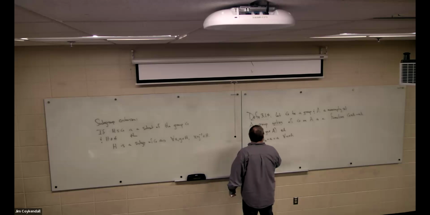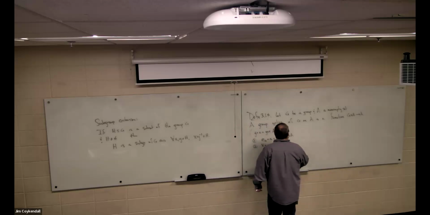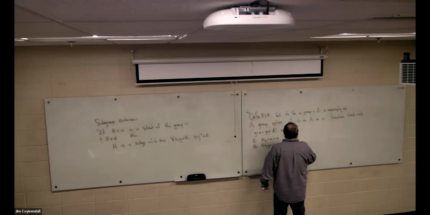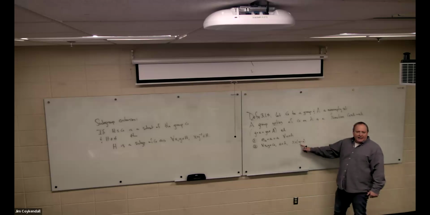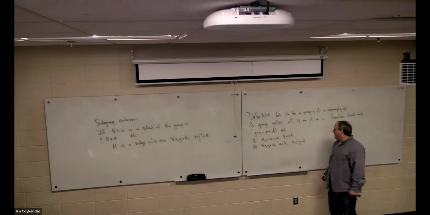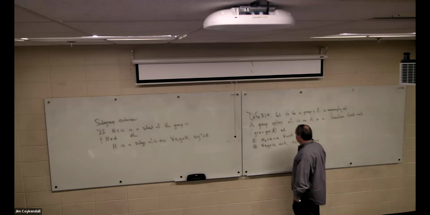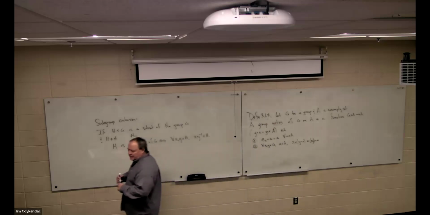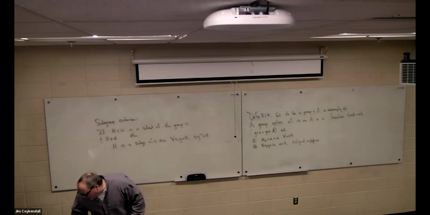And two, for all X, Y in G, A in A, X acting on Y acting on A. So take A, act on it with Y, and then act on it with X. Should be the same thing as the element XY acting on A. So something like associativity, if you will. This is what a group action is. Let me give you a couple examples here.